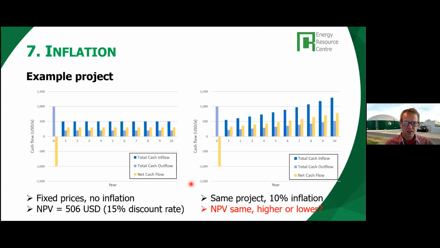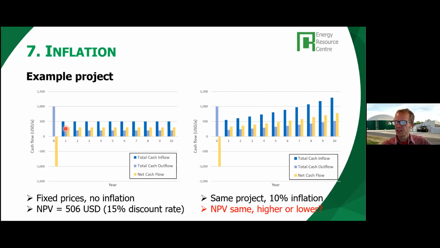Actually, the net present value will increase. I'll explain. Basically, starting from year 0, every year the net cash flow is discounted and then added to the total of all discounted cash flows.